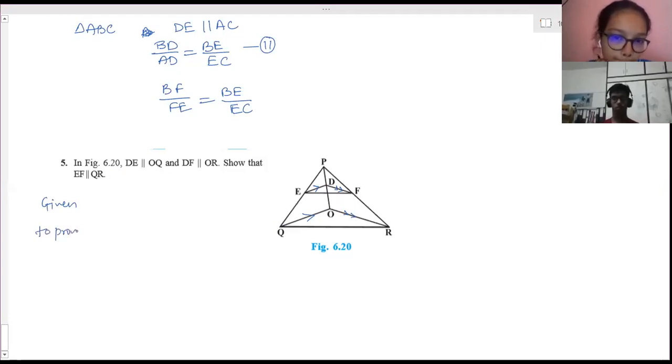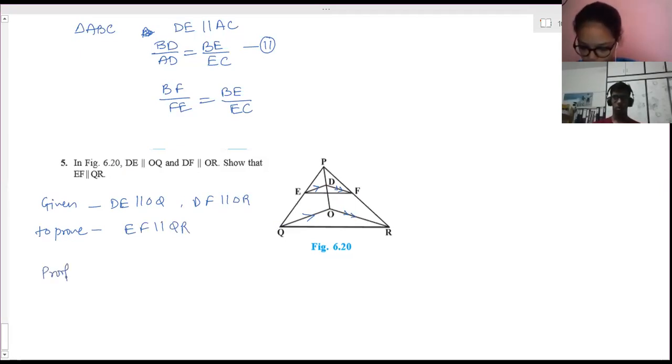Given is DE parallel to OQ, DF parallel to OR, and we have to prove EF parallel to QR. No construction, so direct proving.